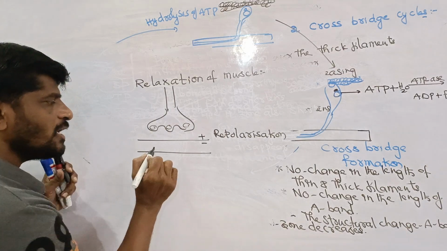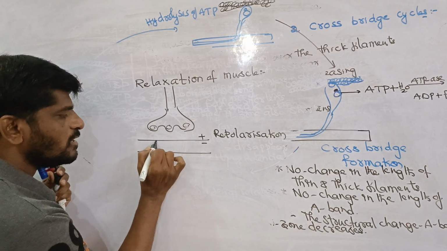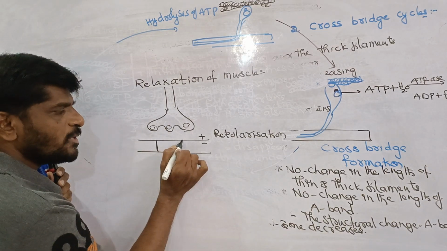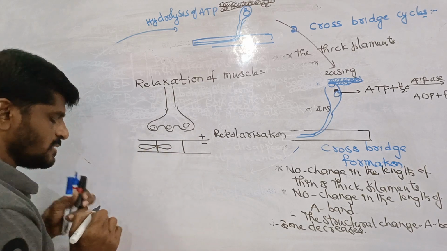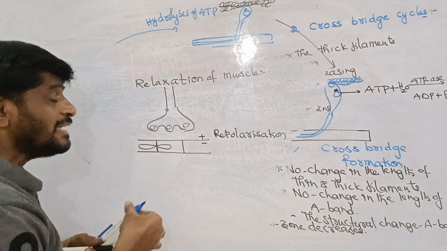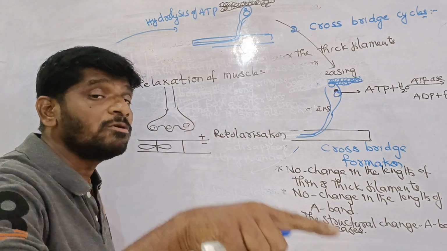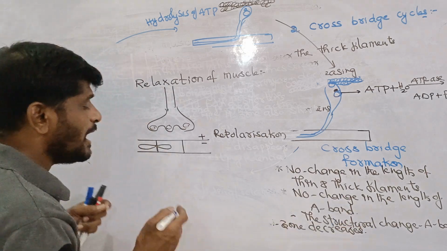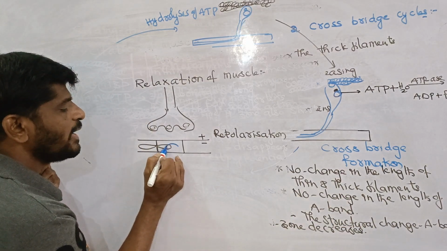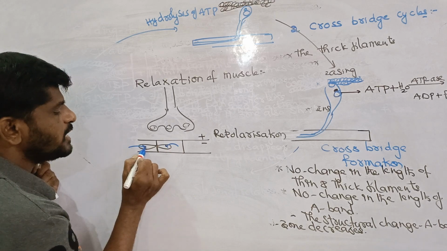When the sarcolemma is repolarized, the T-tubule is also repolarized, and the terminal cistern is also repolarized. Because of that repolarization, the calcium ions which were bound to the troponin C of the troponin complex are released, and the calcium ions go back to the terminal cistern.